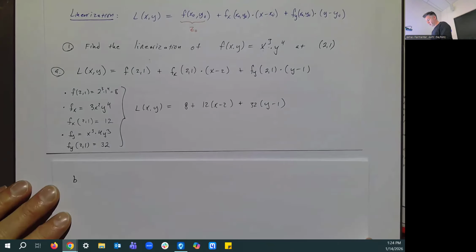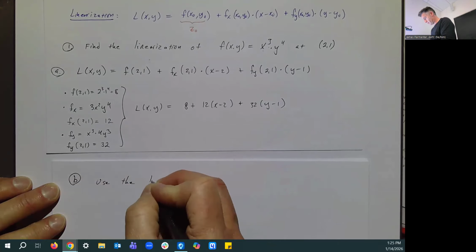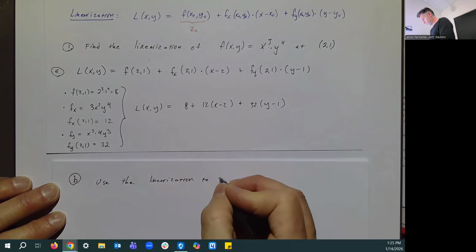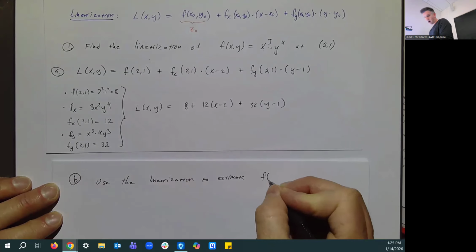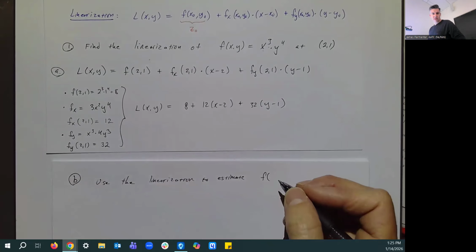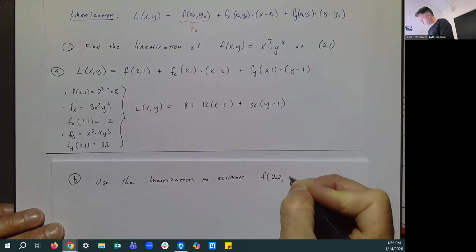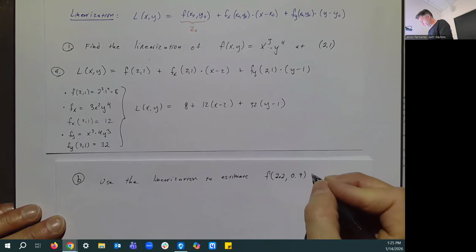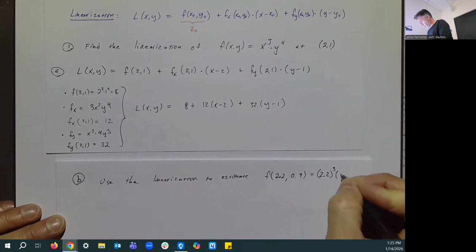So we're going to use the linearization to estimate f of, what have I got here? 2.2 comma 0.9, which would be 2.2 to the third power times 0.9 to the fourth power.